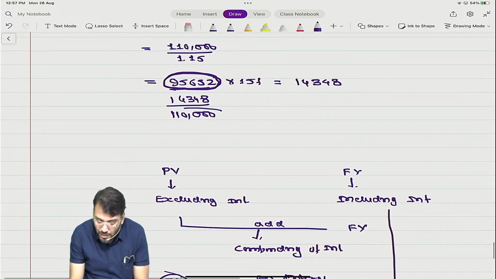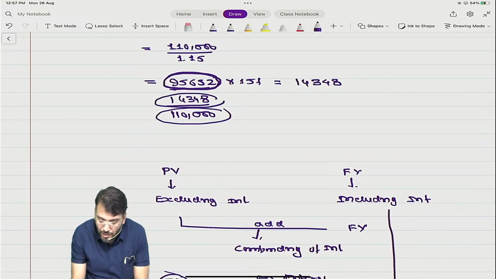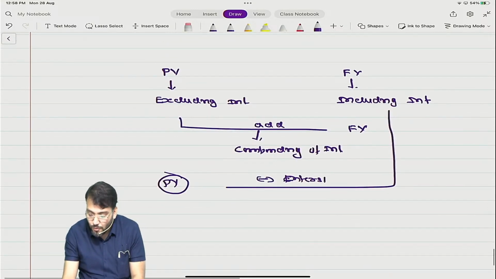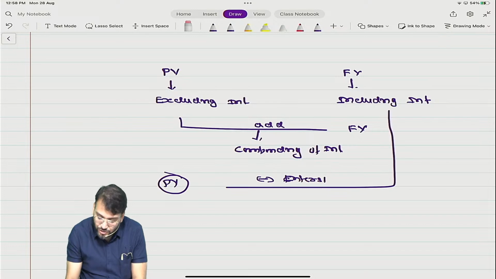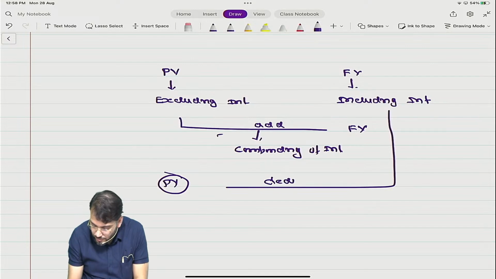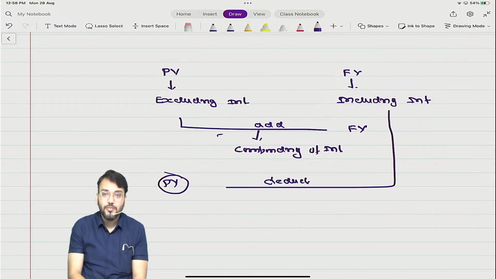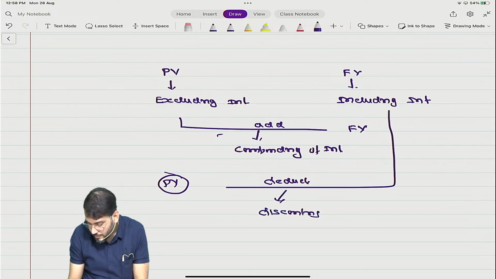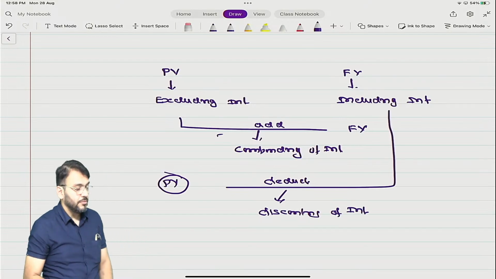This 1,10,000, if I reduce interest, you will get present value. This is known as discounting of interest. This much you understood?